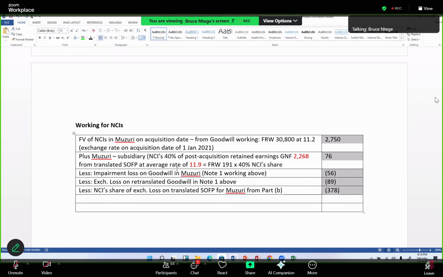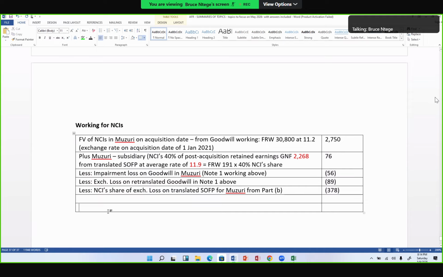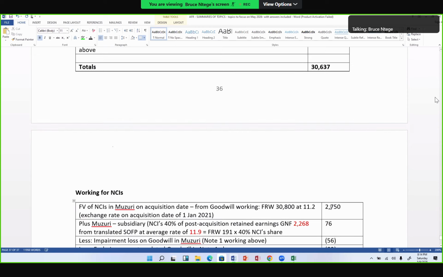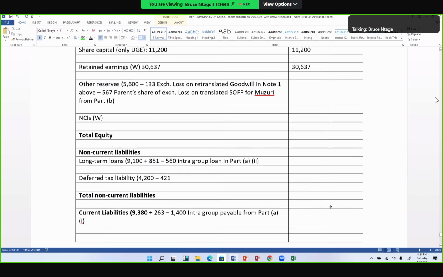So I have 2303. So the total I have is 2303. That's the figure I want to post up there. Let me post that 2303 in the group equity to represent the total for the non-controlling interest.